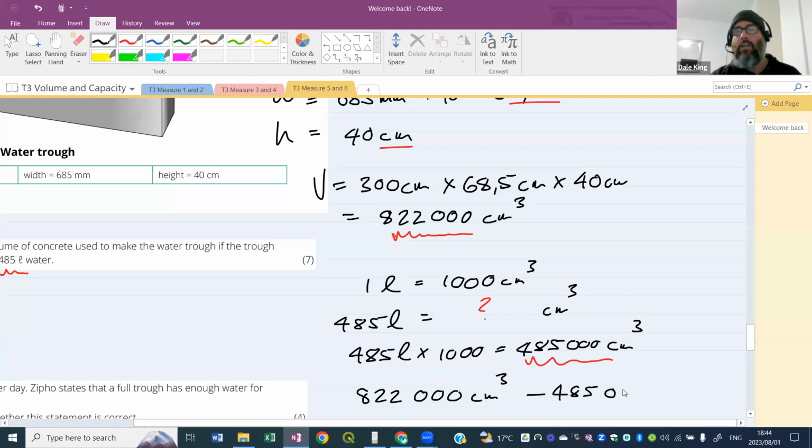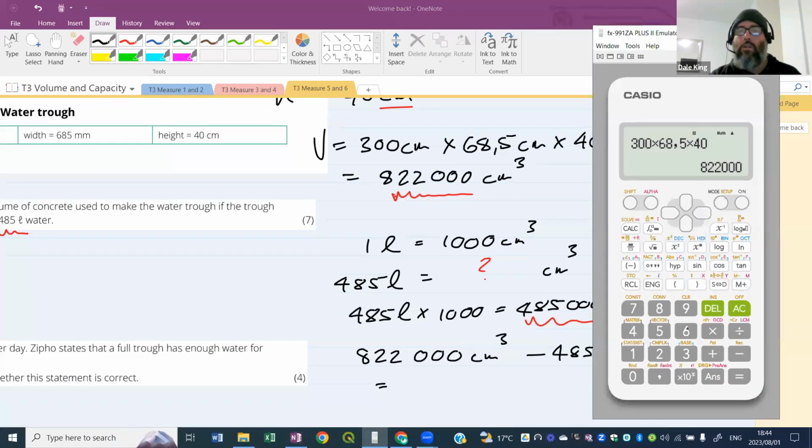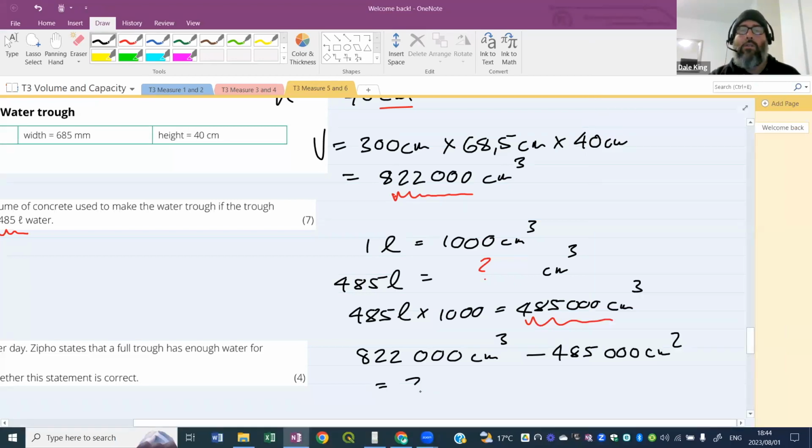Okay. So we subtract these two, and we should get, so 822 minus 485, 337,000. 337,000 cubic centimeters of concrete. Yes. Okay.